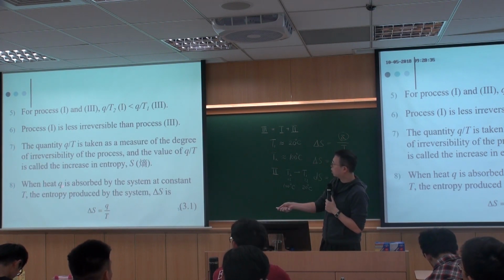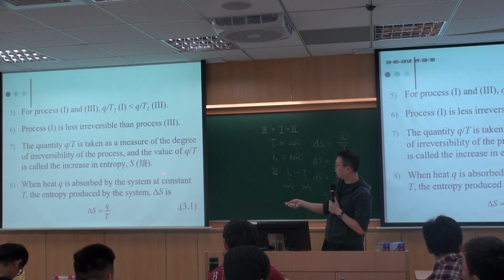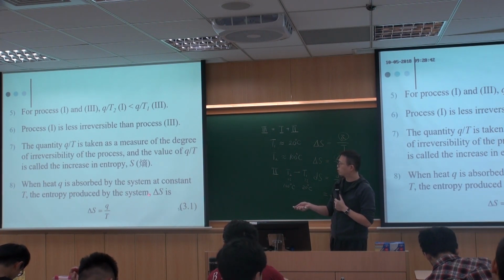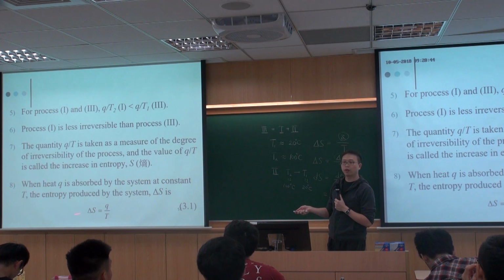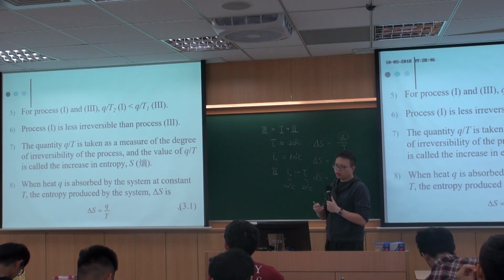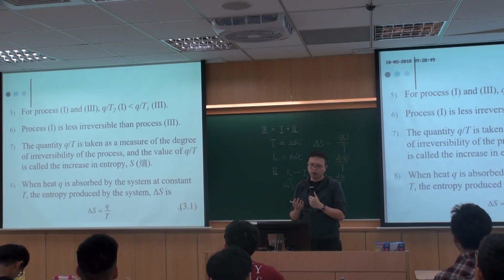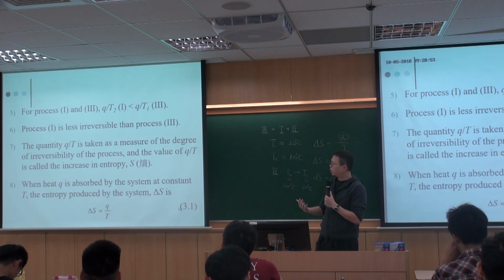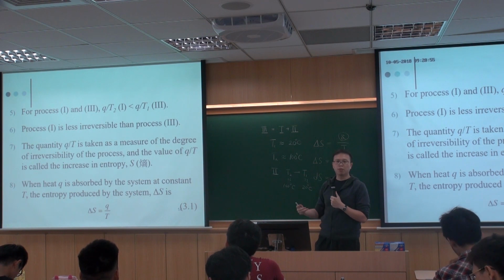So again, when heat Q is absorbed by the system at a constant temperature T, the entropy produced by the system, delta S, is something like this. So originally, the system must already have some randomness, but by absorbing this heat, it becomes more random.